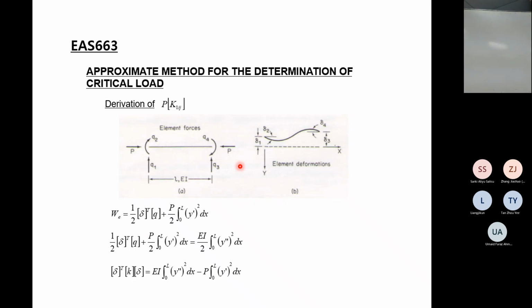If you transpose, it becomes a row vector, and a row vector multiplied with a column vector gives you a scalar. So this represents half of Q1 delta 1 plus Q2 delta 2 plus Q3 delta 3 plus Q4 delta 4, which is what we write in compact form this way.